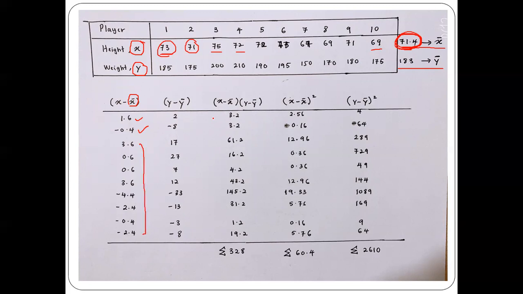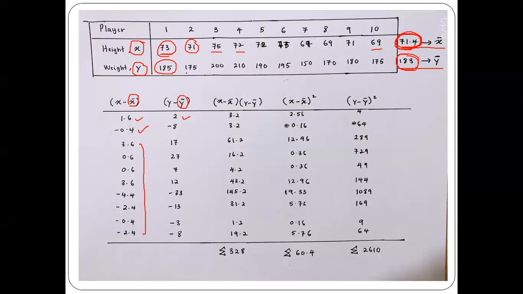And then next you must get the value of y minus y bar. So the same formula as the x variable. The y variable is 185 minus y bar, which is 183, so you will get 2.